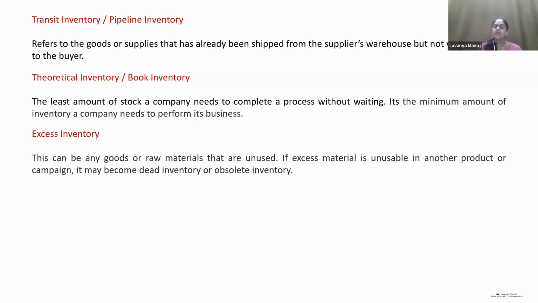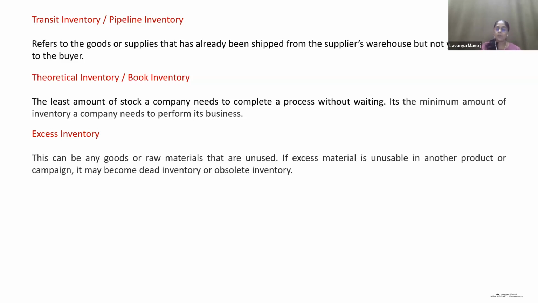And excess inventory. So what happens with excess inventory? The company produces more than the normal production units, anticipating an upcoming demand or upcoming season, predicting that the customers will buy more.